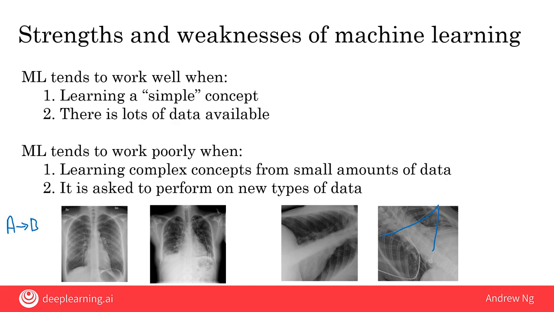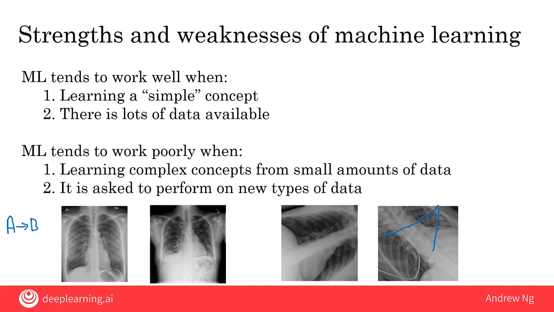If the AI system has learned from data like that on your left, maybe taken from a high-quality medical center, and you take this AI system and apply it to a different medical center that generates images like those on the right, then its performance will be quite poor as well. A good AI team will be able to ameliorate or reduce some of these problems, but doing this is not that easy.